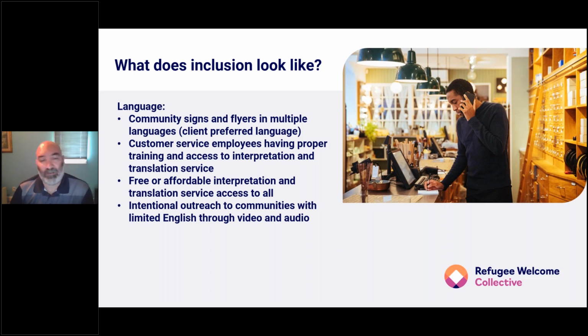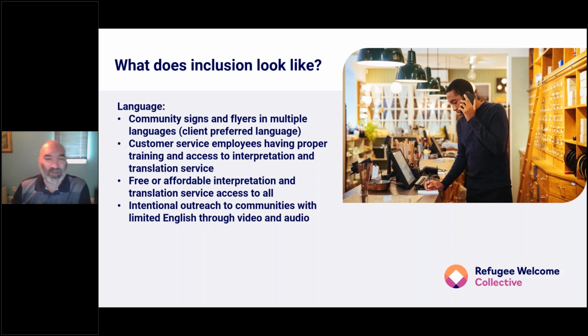This is at restaurants, at Home Depot, I mean, any sort of thing that you can think of. This is a way for community members to really advocate for the clients that we work with, for the newcomers and refugees here.